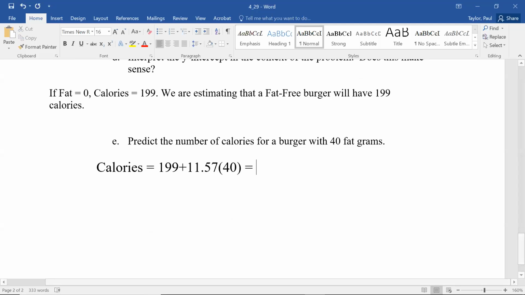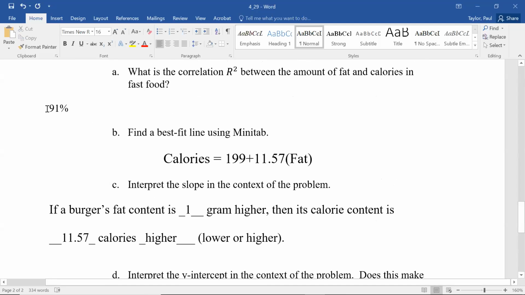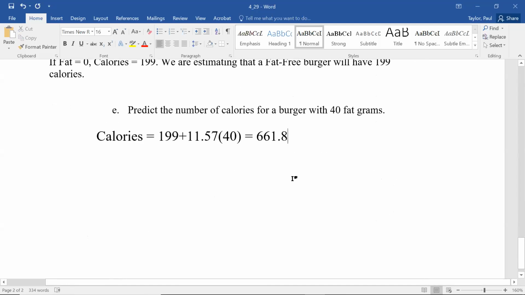So what do we get if we take 11.57 times 40, and then we add on the 199? This comes out to 661.8. So that's our prediction. And it should be a pretty good prediction because we had 91% R squared compared to some of the lower R squareds we had in other examples.